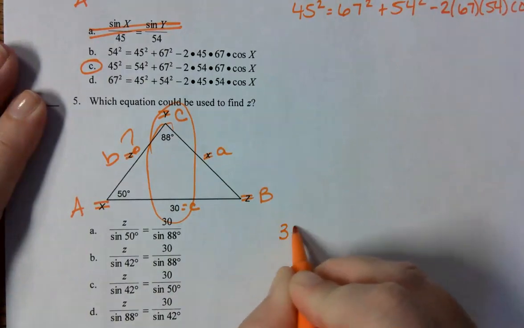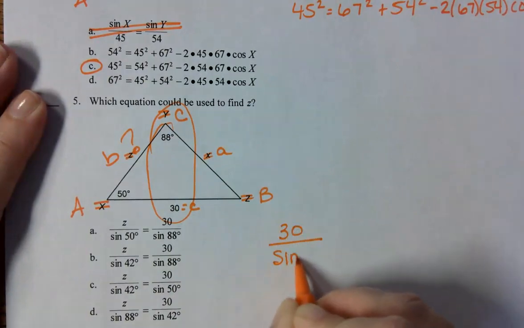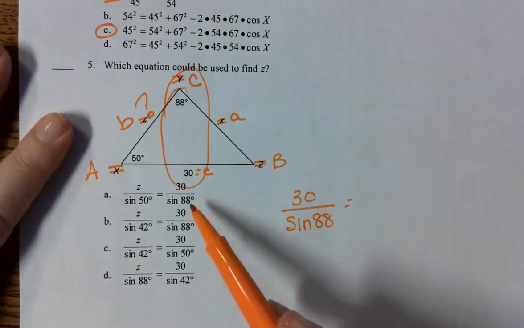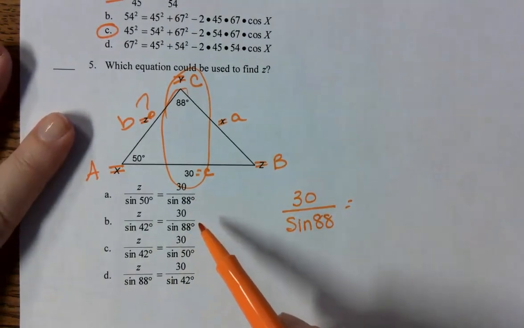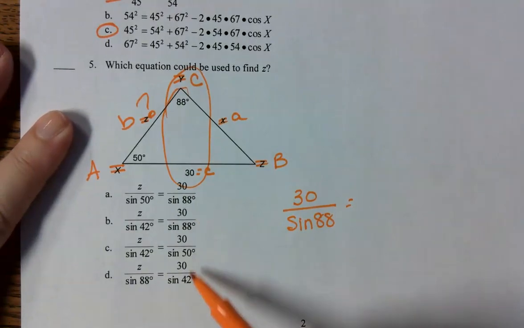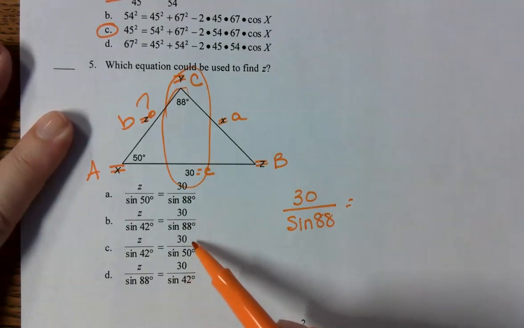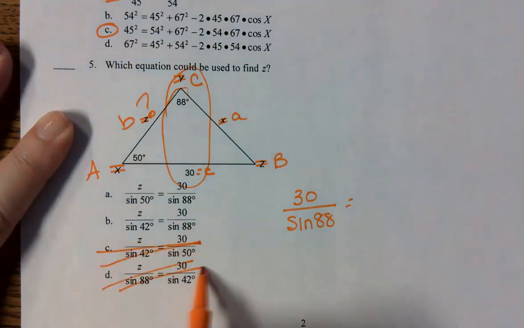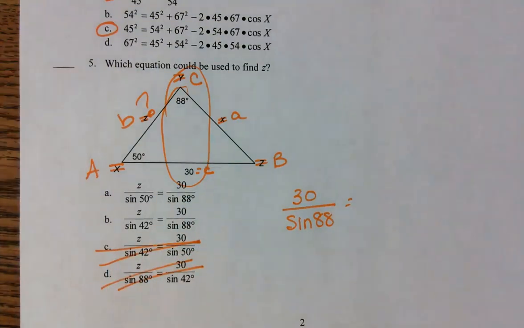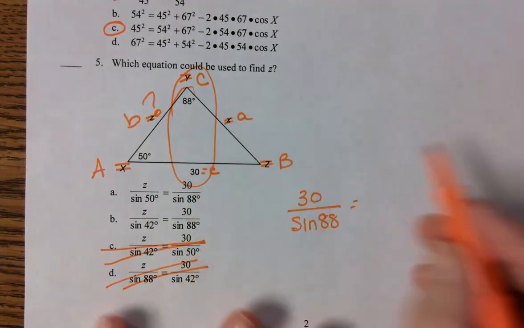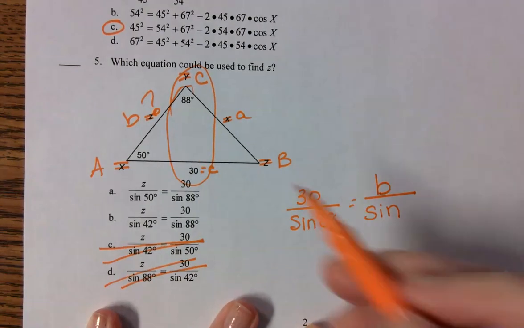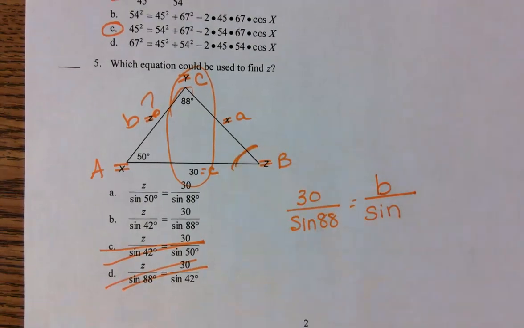So we know it's 30 over sine of 88. Notice the first two have that. So we're good there. Notice, do the C and D have 30 over sine of 88? Answer is no, so we're going to take those 2 options out. So I need, in our case, a little b over sine, we need big Z. I don't have big Z. Can I find big Z?